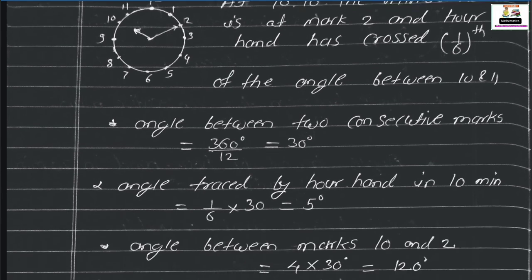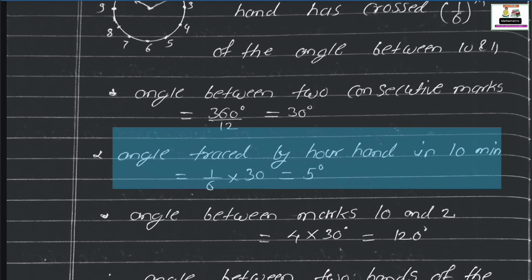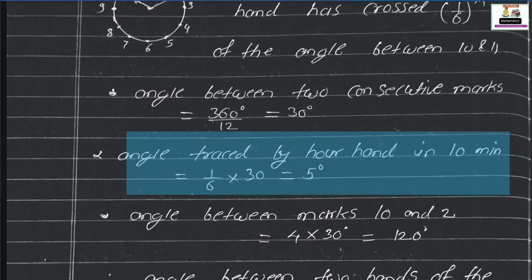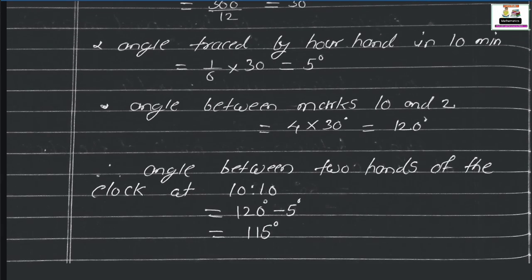First write down that the angle between two consecutive marks is 30 degrees. Second, the angle traced by the hour hand in 10 minutes is 1/6 into 30, which is 5 degrees. Third, the angle between marks 10 and 2 has 4 parts, and 4 into 30 is 120. And last, the angle between two hands of the clock at 10:10 is 120 minus 5, we get 115 degrees.